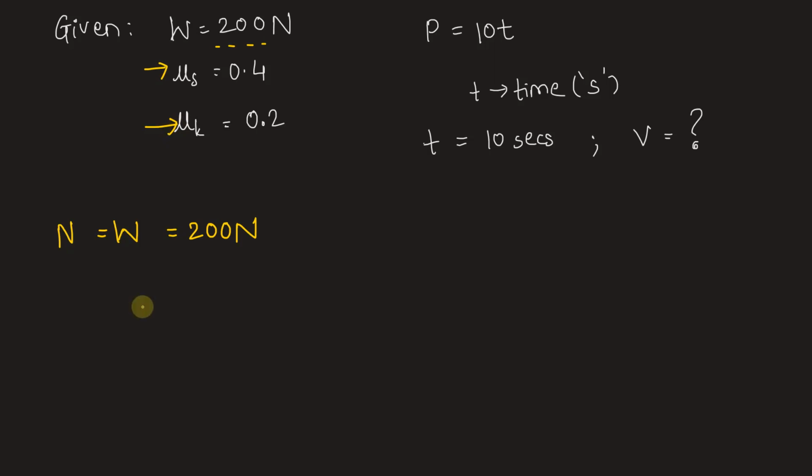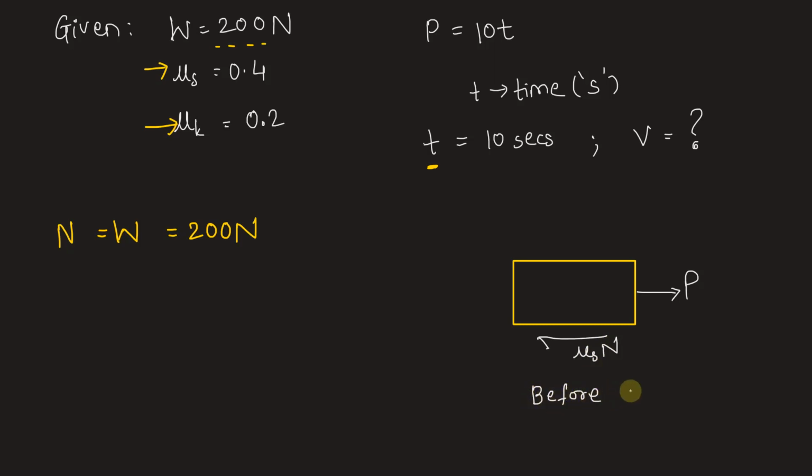To identify this point of time where the motion will begin, we will have to use static equilibrium equation first. So how do we use it? For the block, if force P is acting like this, between the surface and the block, friction is going to act in this direction, and that will be equal to mu s into N before the onset of motion.